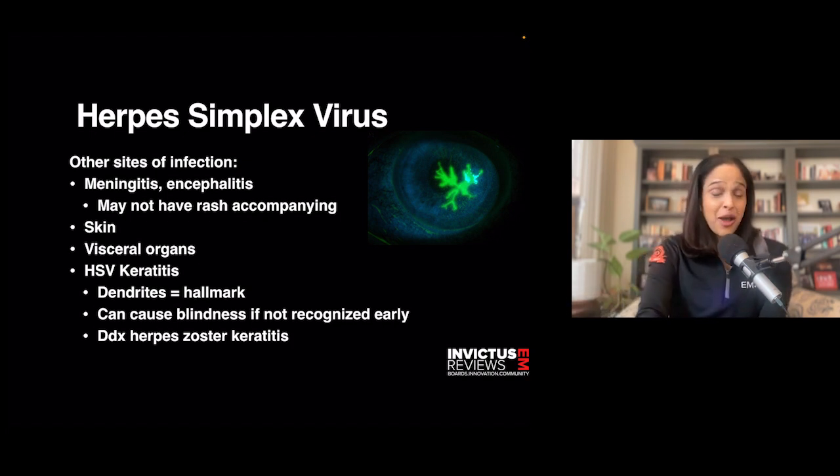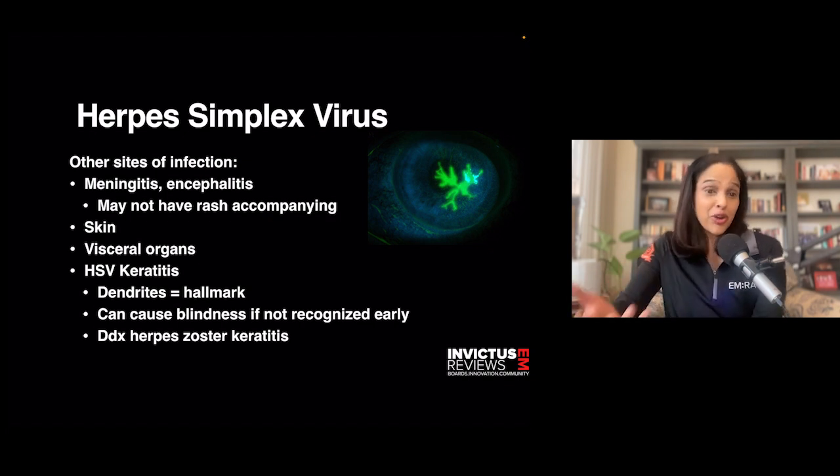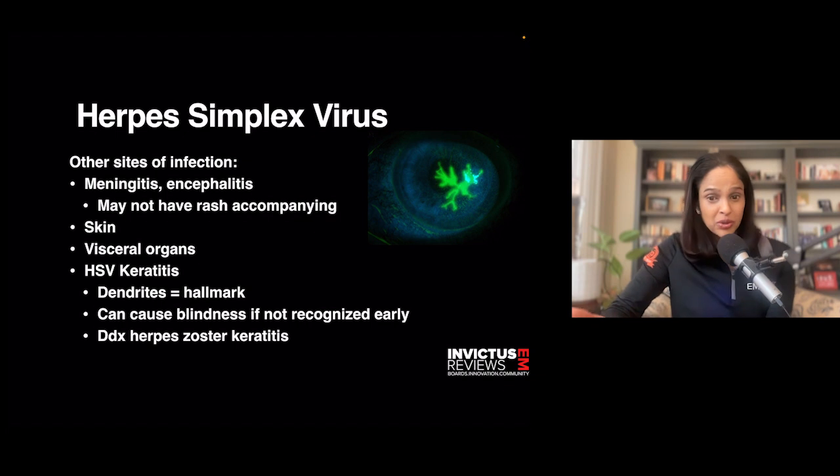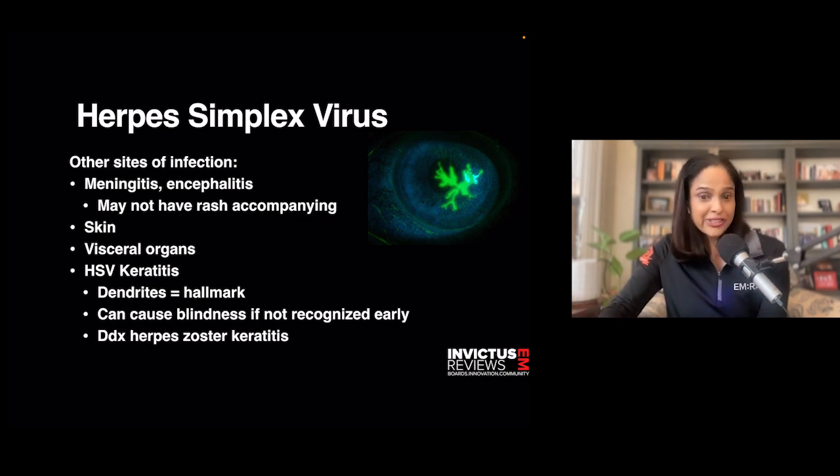The truth is there's much more crossover now, so you can't reliably say that one is HSV1 and one is HSV2. If you wanted to know that, you would have to do a PCR or a culture. Either way, they cause these painful, blistering rashes.